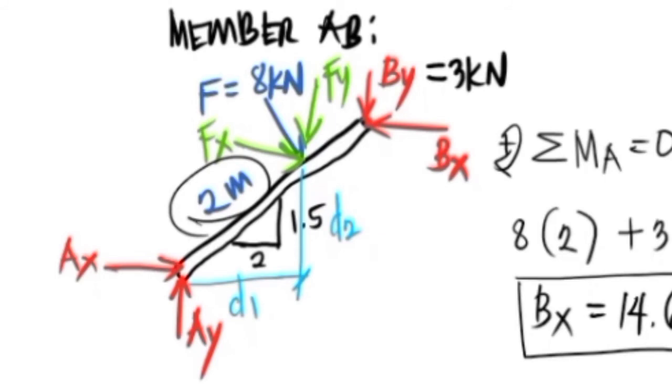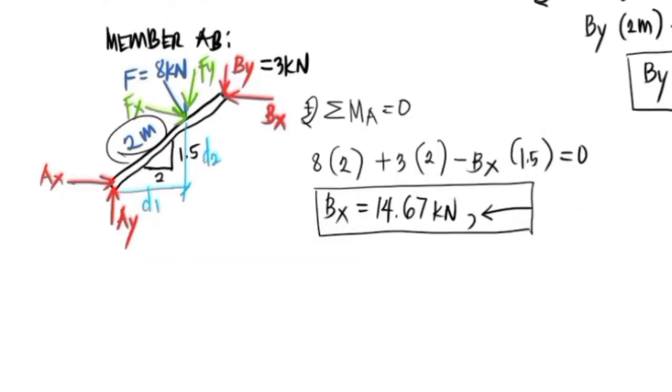And Fy will create a clockwise rotation with respect to point A, and Fx will also create a clockwise rotation with respect to point A. So since given naman yung perpendicular distance from the 8 kilonewton to the point kung saan tayo nagtitake ng moment, so that's why hindi na natin ginamit yung moment ng mga components.